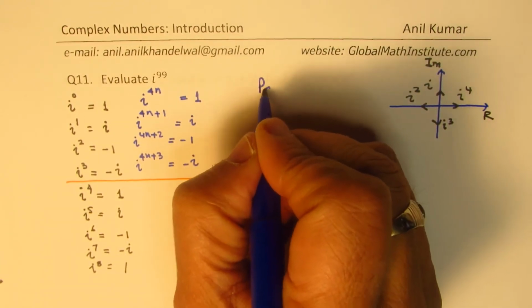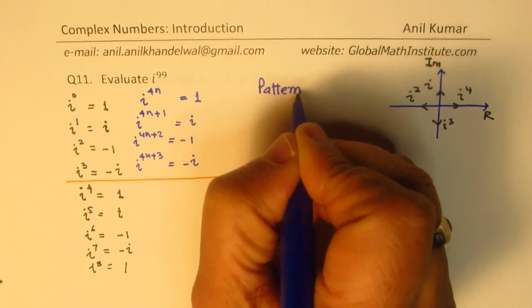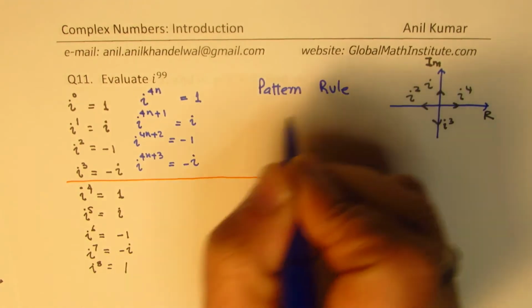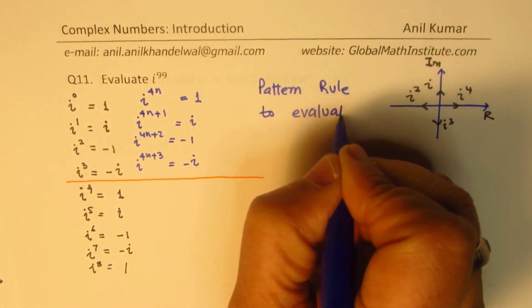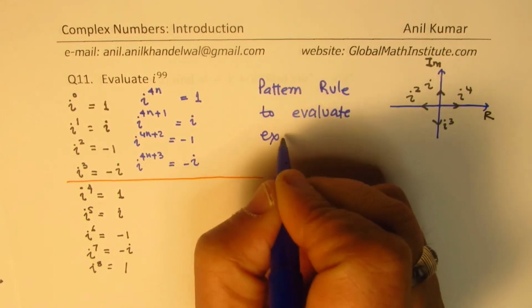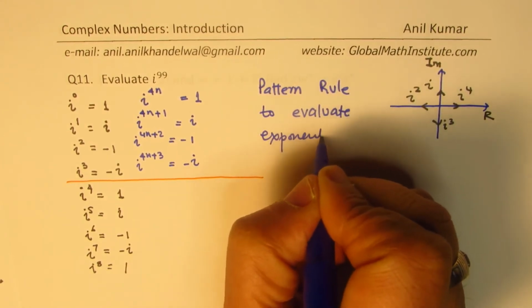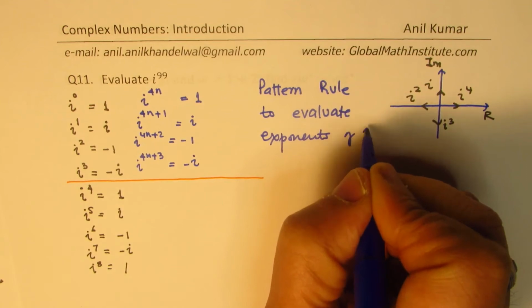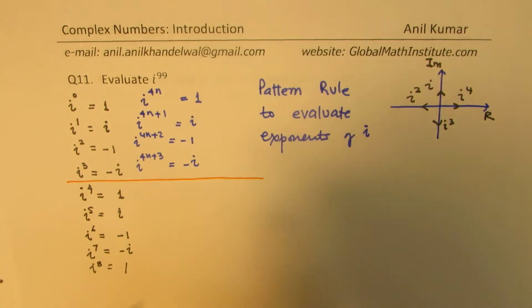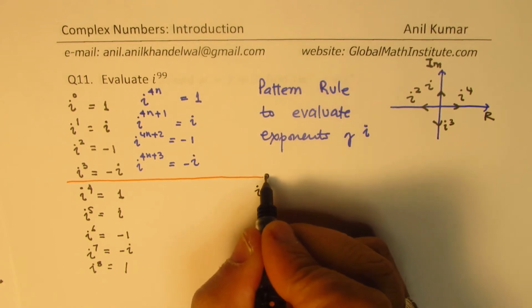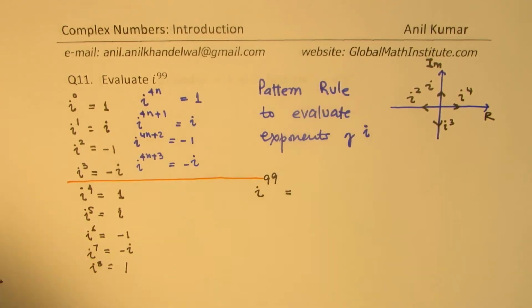So use the pattern rule to evaluate exponents of i. Is that clear? So in our question, we need to find what is i to the power of 99.